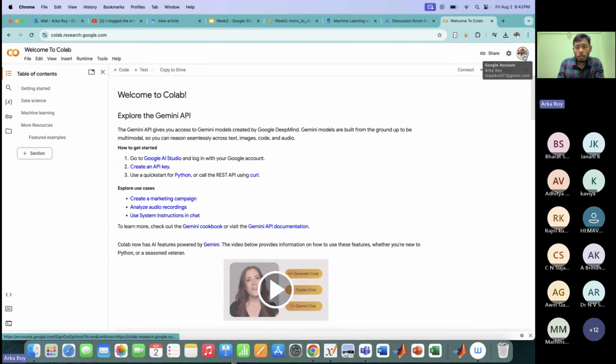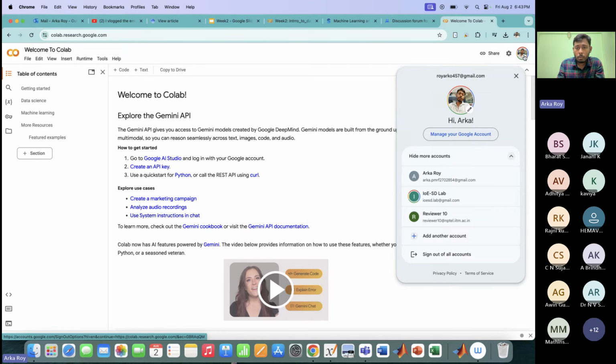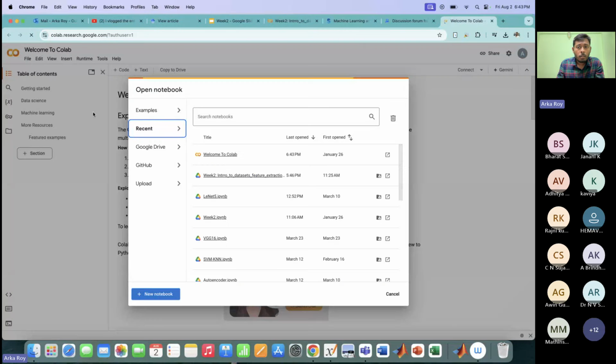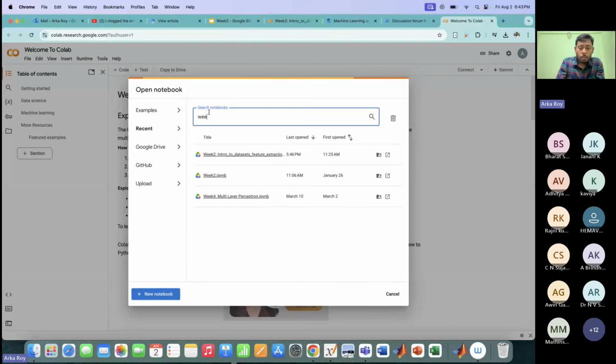Then you have to log in to your Gmail account. When you start with Colab, there is a tab called New Notebook. You can click on New Notebook, and it will open a Python environment for you. Over there, you can start writing code.